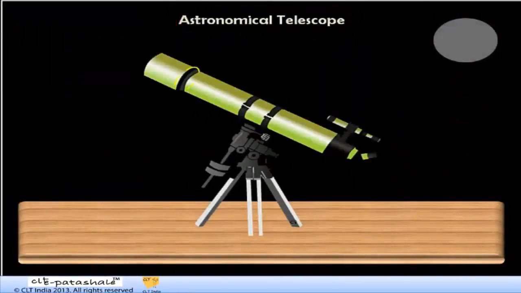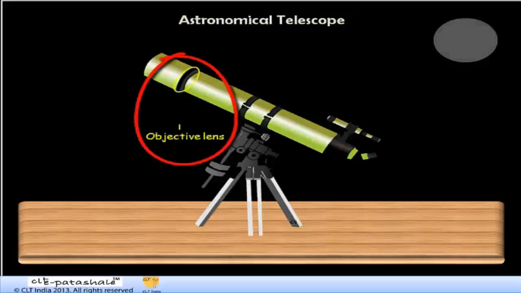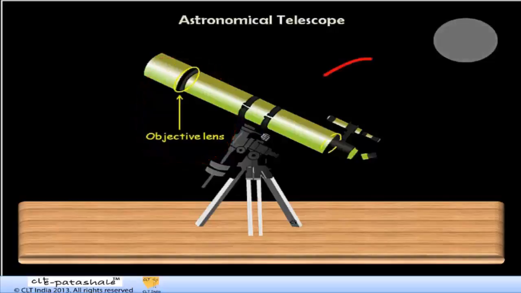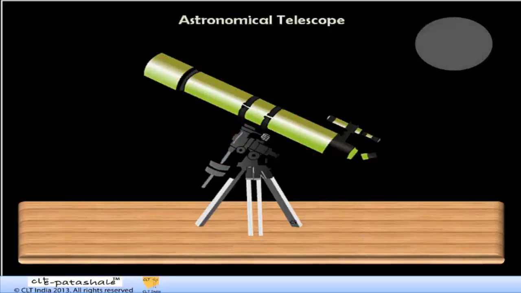The main parts of an astronomical telescope are objective lens, eyepiece, and telescope tube.